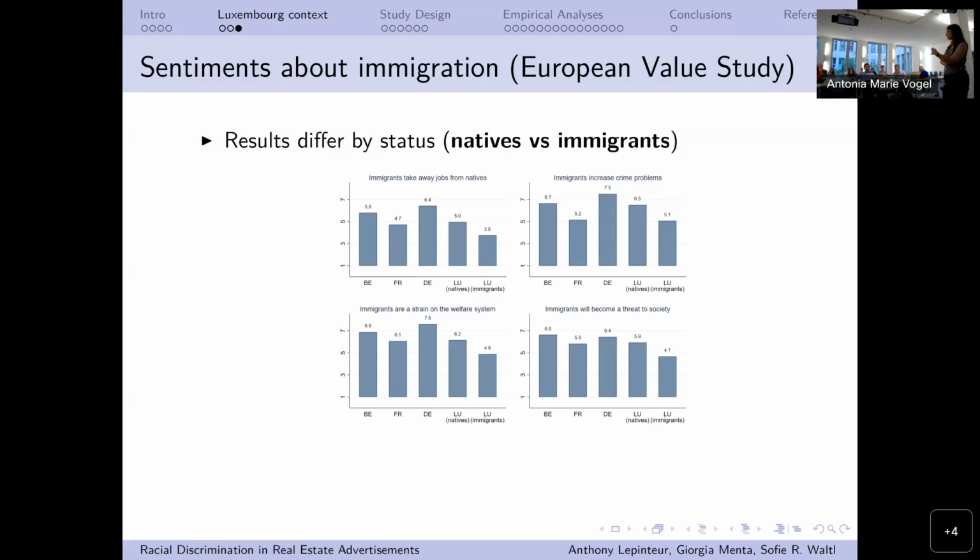However, the foreign-born people are much more open in Luxembourg, maybe also because these questions were about people like themselves, right? So in that sense, Luxembourgers themselves are not more or less discriminating or do not have worse sentiments. However, the foreign-born Luxembourgers push the overall results in a direction that makes Luxembourg appear super open, simply because there's such a large share.